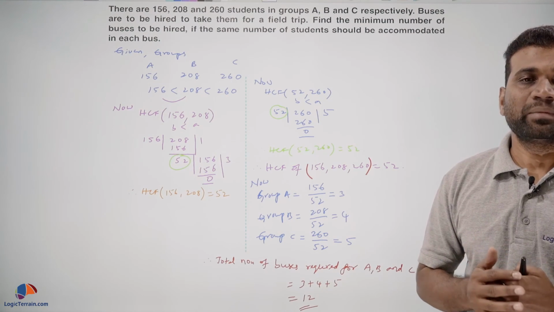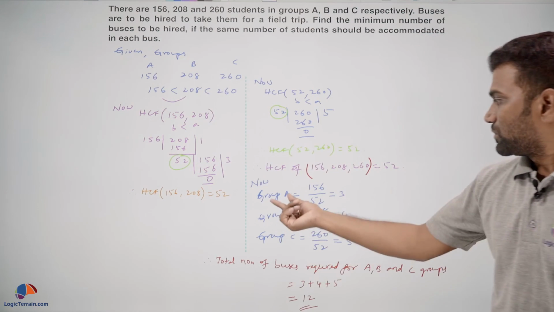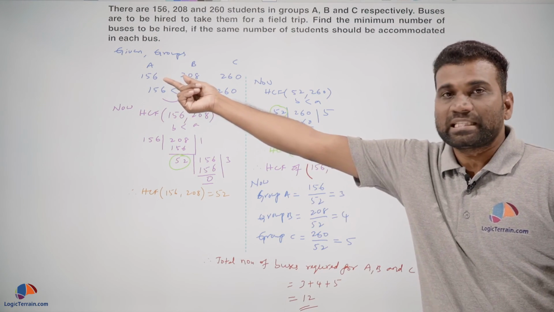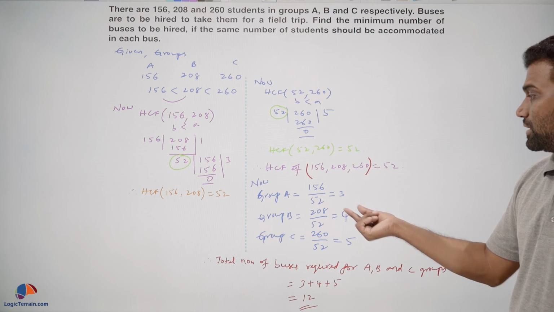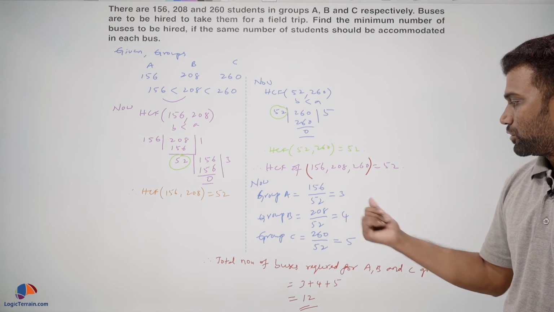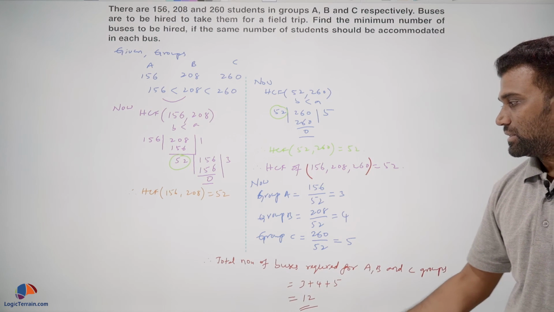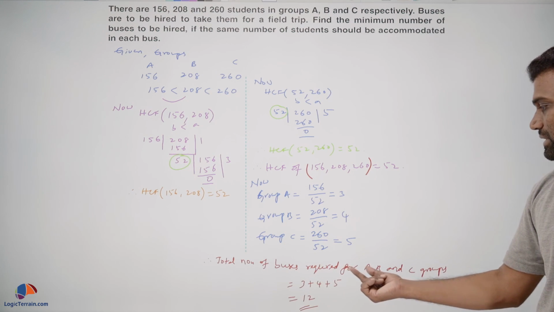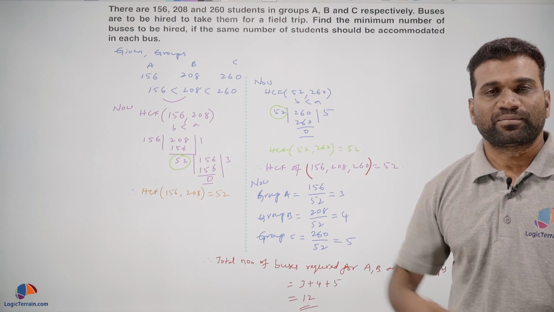Now let us find how many buses are required to accommodate all these students. Group A has 156 students, divided by 52 we got 3, which means group A requires 3 buses, group B 4 buses, group C 5 buses, and in total 12 buses. Therefore the total number of buses required for A, B, C groups is 12. This is it.